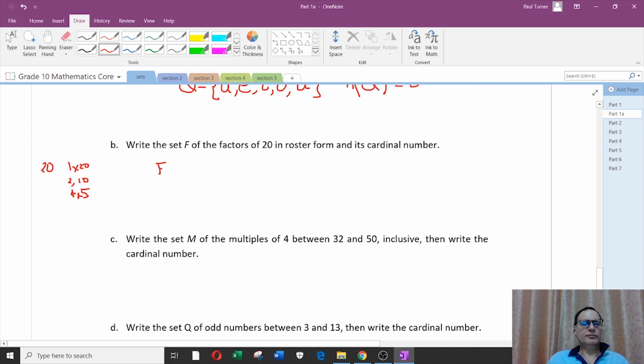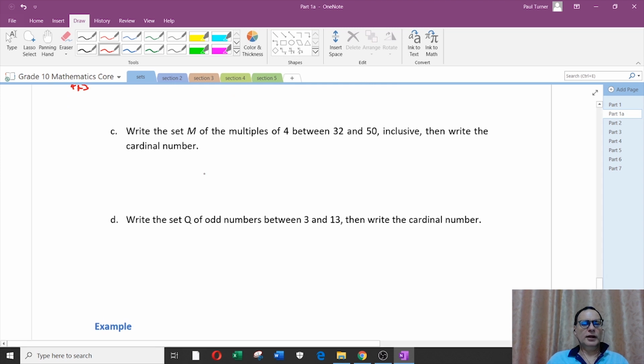So in set F, we have 1, 2, 4, 5, 10, 20. So in this case, there are 1, 2, 3, 4, 5, 6 elements. So the number in set F is 6. So that's the cardinal number, 6.